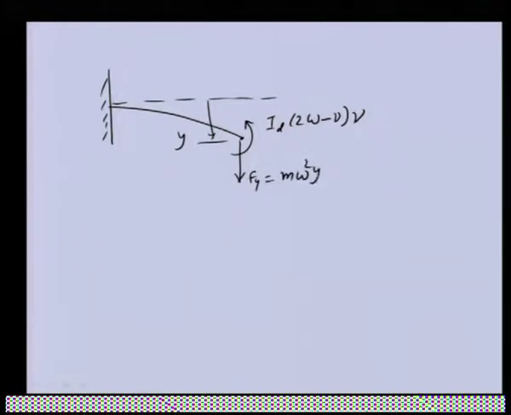This is the gyroscopic moment, and this is the centrifugal force. If you remember, for the case of synchronous whirl, we had nu equal to omega. That was the first lecture, and if we substitute this here, we will get the same expression as we got earlier.